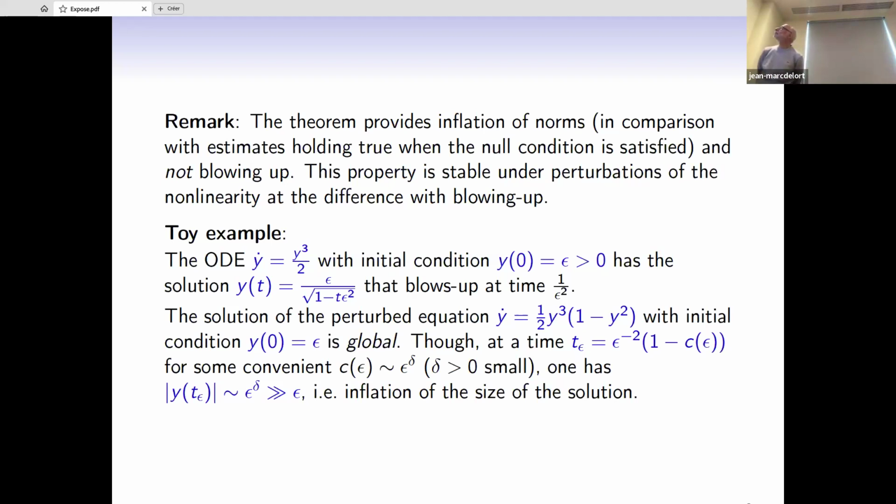Now perturb the nonlinearity, multiplying y cubed by 1 minus y squared, so that for small data the perturbation is initially negligible. Take the same initial condition y of 0 equals epsilon. Then it is easy to see that, because of the sign I have chosen here, the solution will be global.